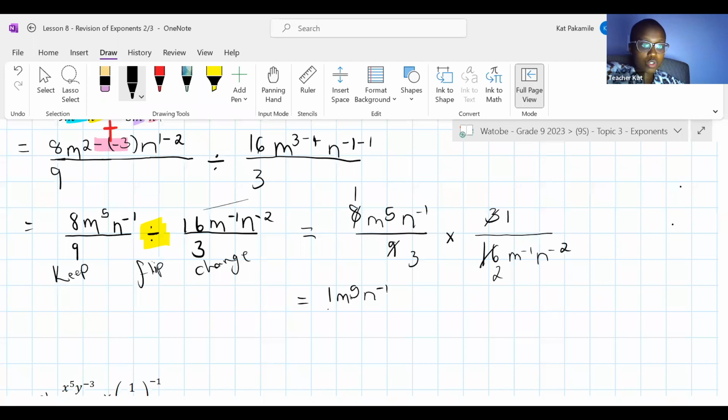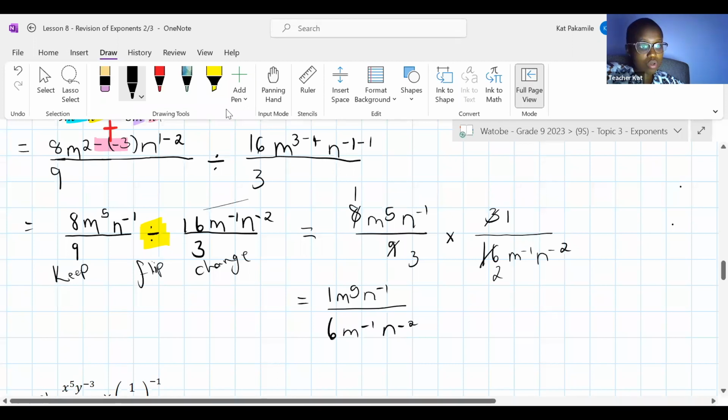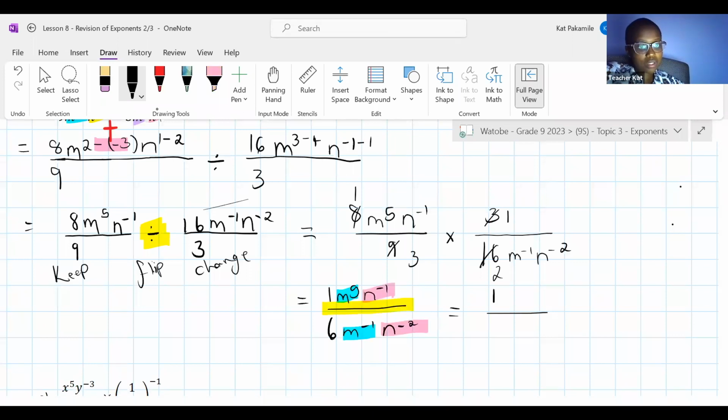We are back to divide. Do you see that we go back and forth with these rules? Front, back, front, back. And again, we have two bases, m and n. So you keep your numbers. For m, we're dividing, so we subtract: 5 minus negative 1.